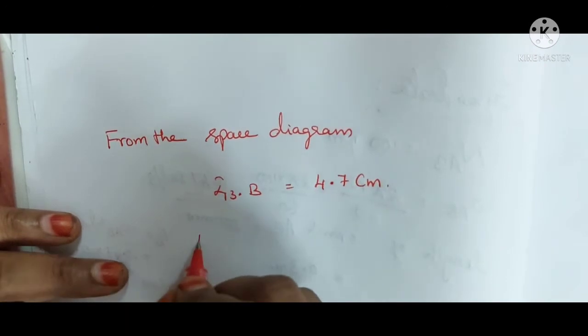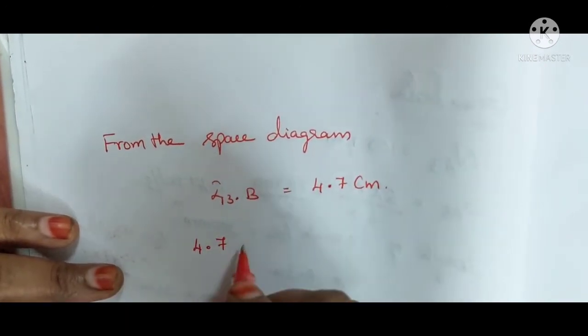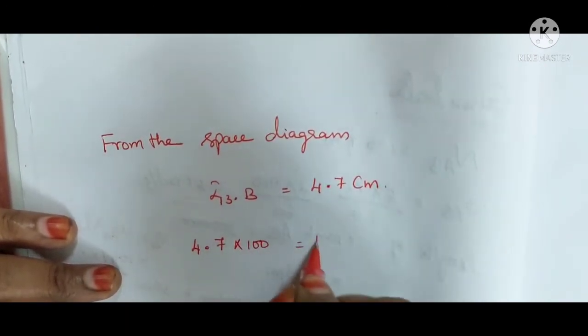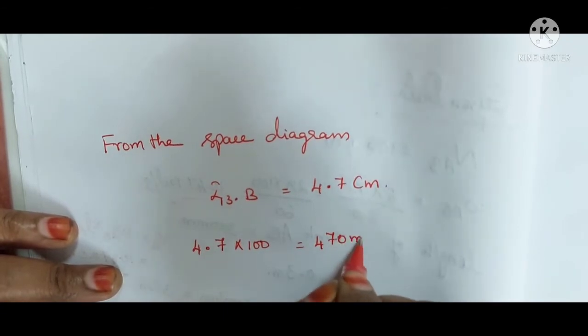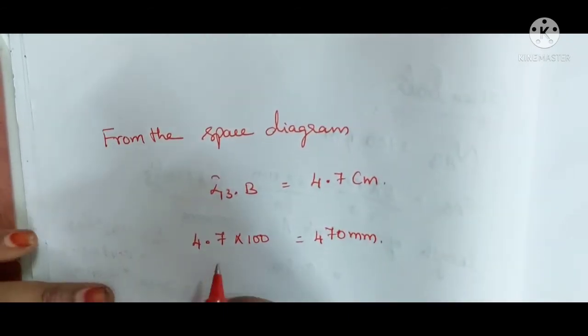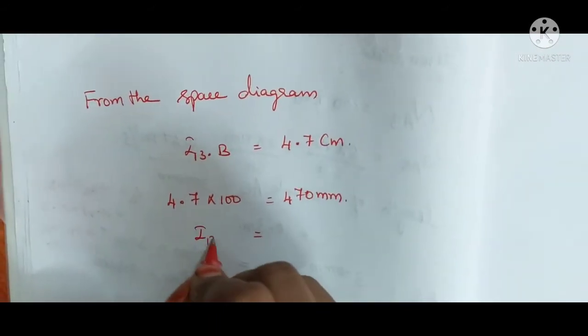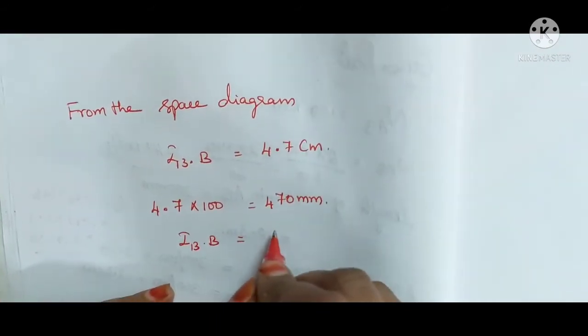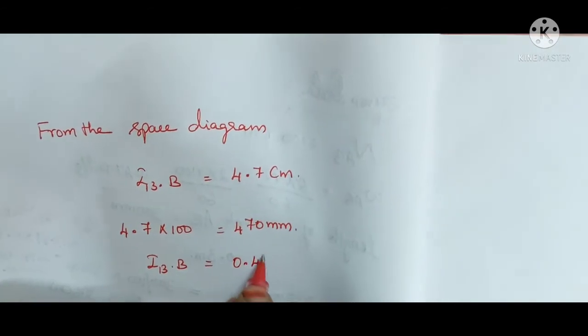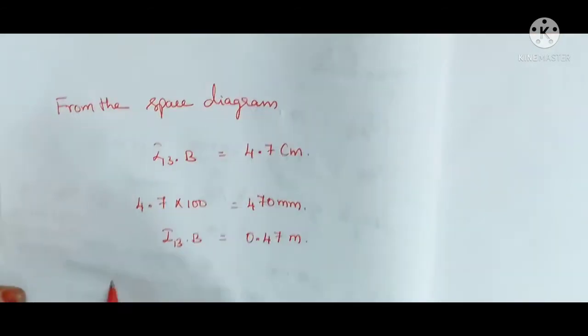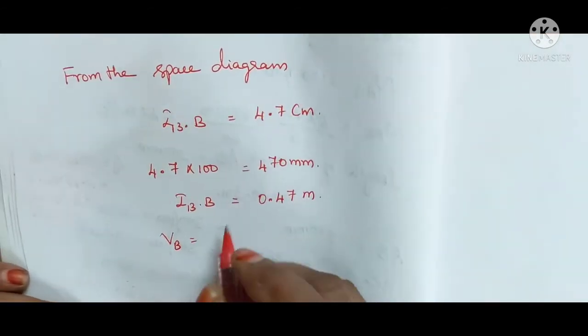By converting with the scale, 4.7 into 100 gives 470 millimeters. Converting into meters, I13 dot B equals 0.47 meters.